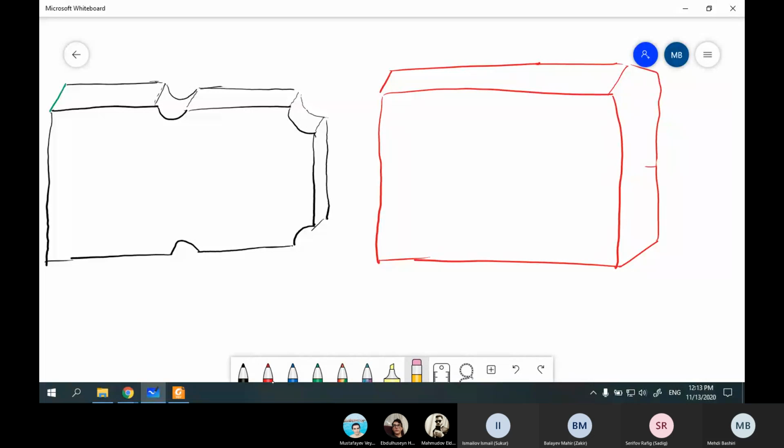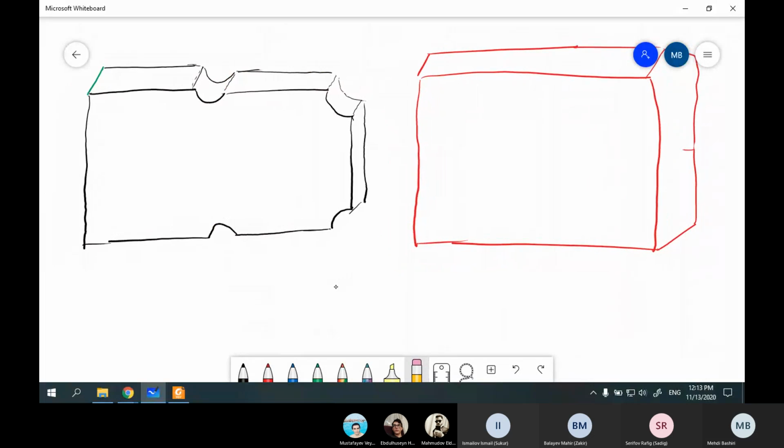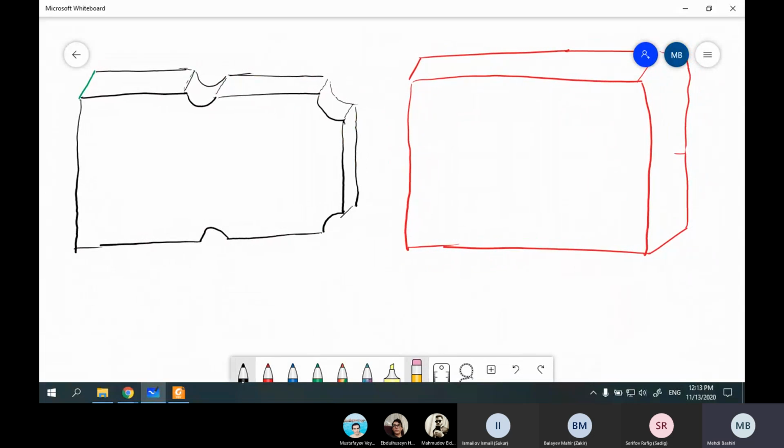These parts are the same except that in this one there is no bolt hole. As I said, we have parts that are subjected to tension and the other part subjected to shear.